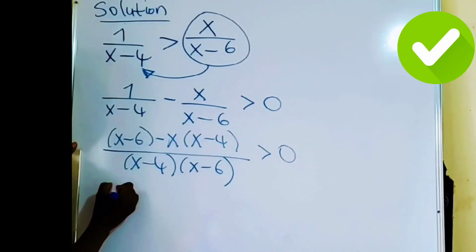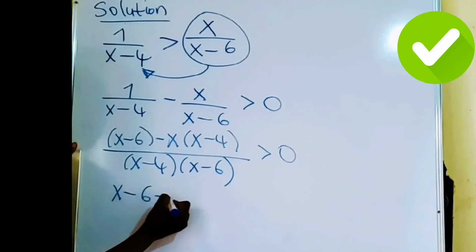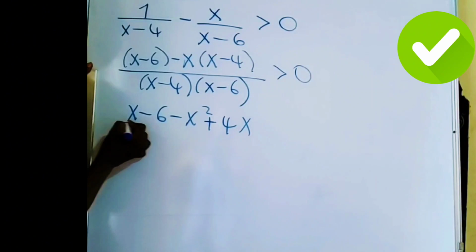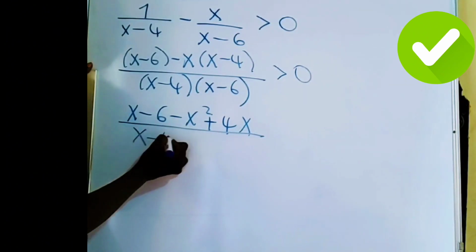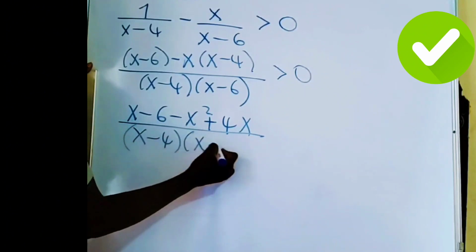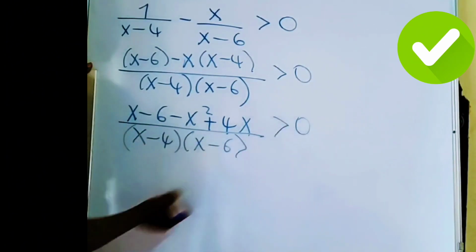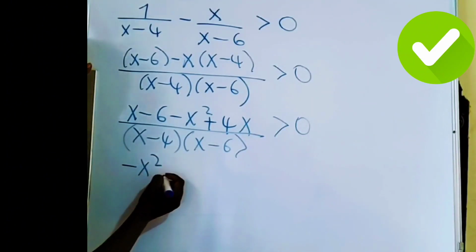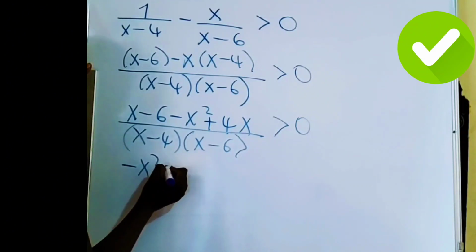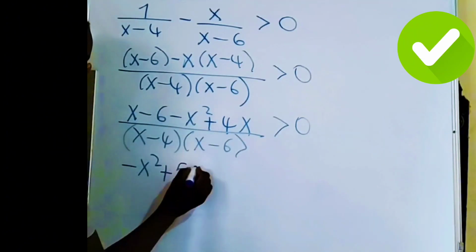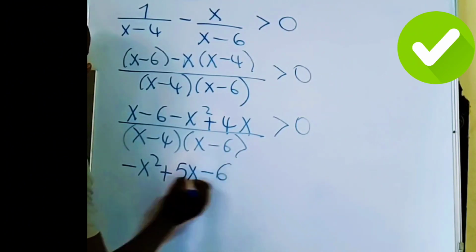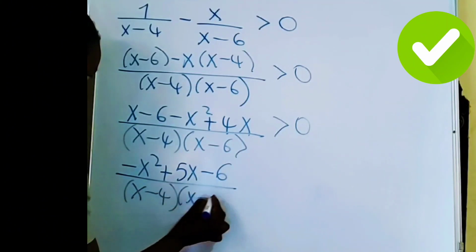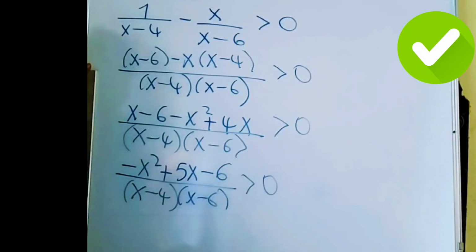Simplifying the numerator will give us x minus 6 minus x squared plus 4x, and x minus 4 into x minus 6, all that greater than 0. So we have negative x squared plus 5x minus 6 and x minus 4 into x minus 6 greater than 0.